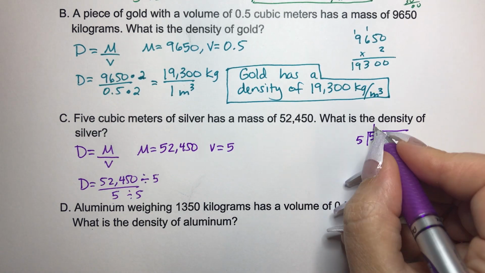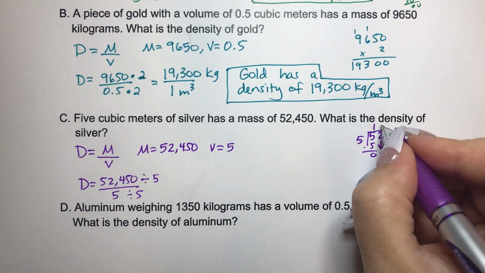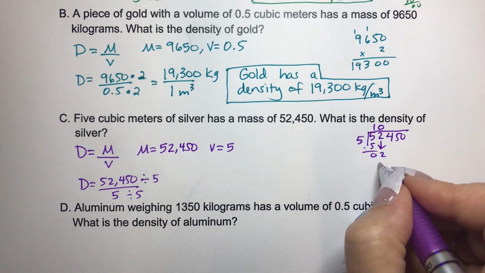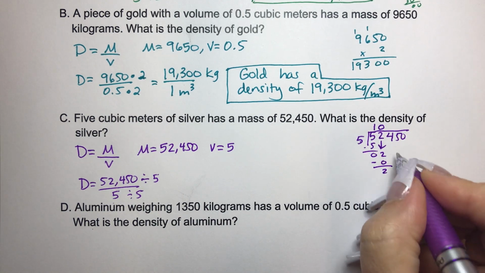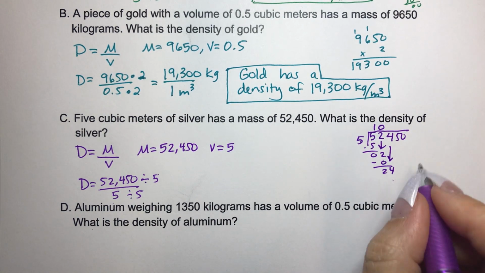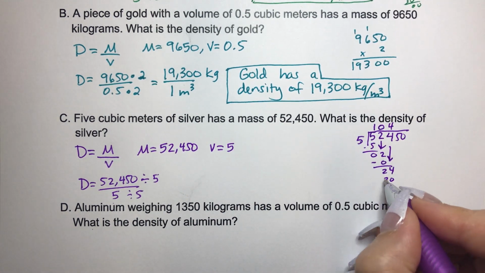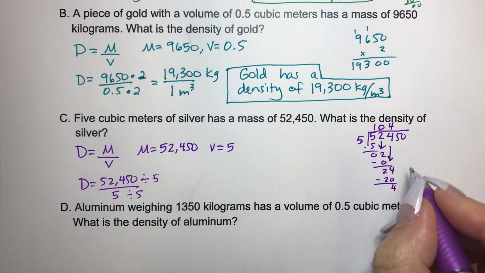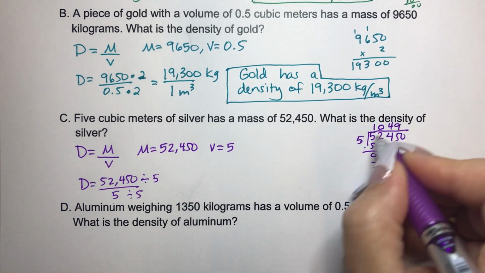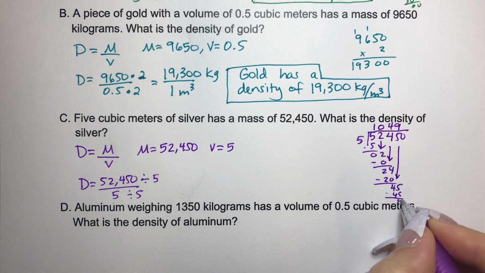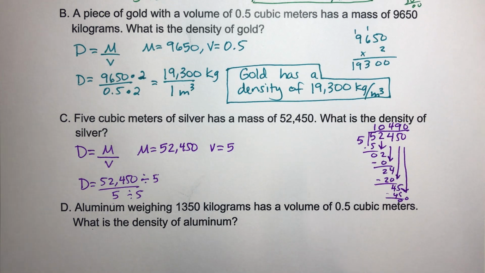5 goes into 5 one time. 1 times 5 is 5. Drop down the 2. 5 doesn't go into 2. Okay. Drop down the 4. 5 goes into 24 4 times. 4 times 5 is 20. Then we subtract. Drop down the 5. 5 goes into 45 9 times. 9 times 5 is 45. And then lastly, drop down that 0. And there we have it.